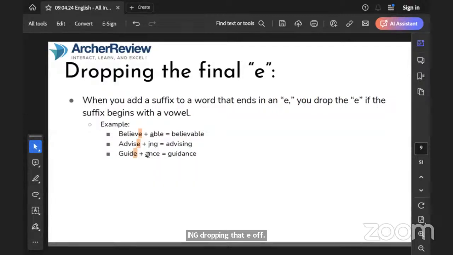If I've got an A at the start of my suffix, I'm going to drop the E off of guide, and make it guidance. Guidance. So pretty much what it is you just don't want to have two vowels back to back like that. And because the suffix needs to stay as is, then you're going to drop that E off of the end of it.